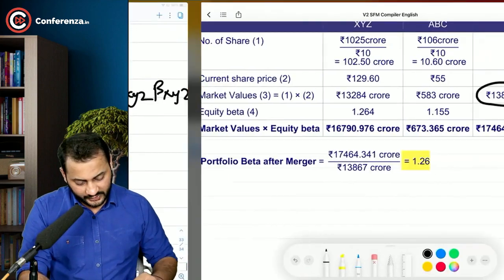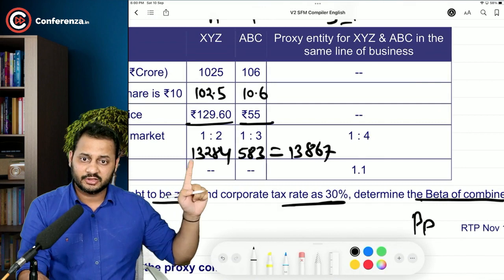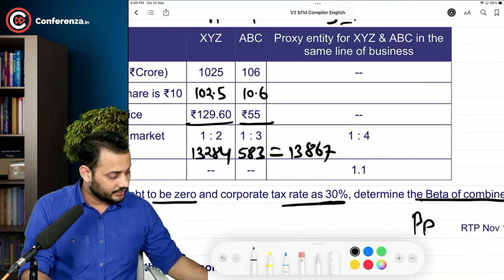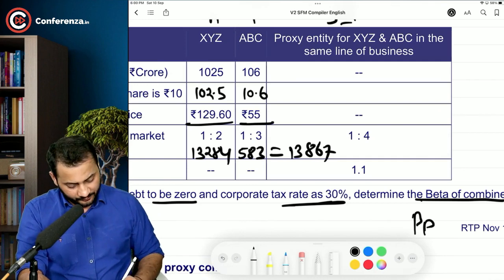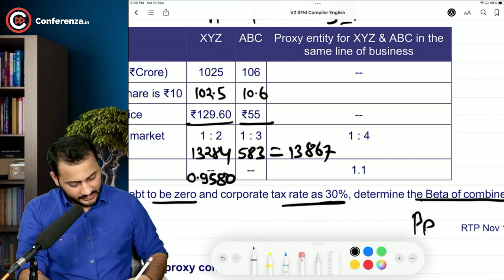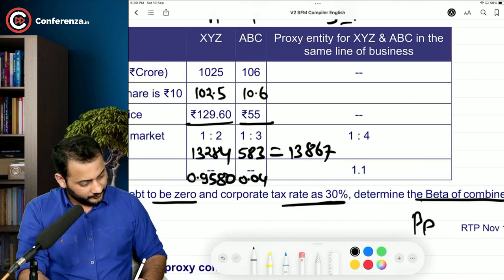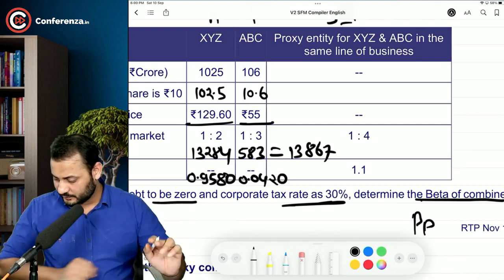Now can we calculate the weight of each? Yes sir, 13,284 divided by 13,867, the weight will be 0.9580, and 1 minus that is 0.0420. So these are the weights right now.